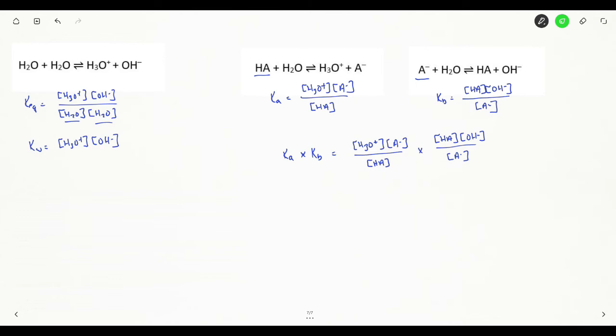When we do this, notice that your concentration of A minus cancels, your concentration of HA cancels, and we are left with... recognize this expression? We just did it. This is Kw. So therefore, if we multiply Ka and Kb for a conjugate acid-base pair, we will get Kw.